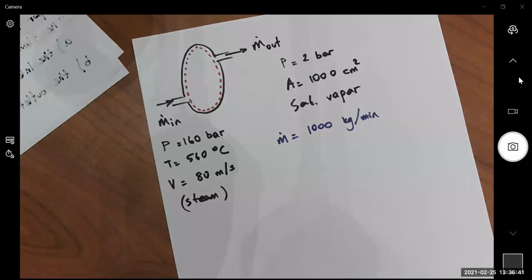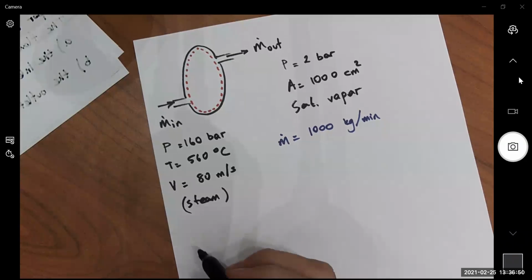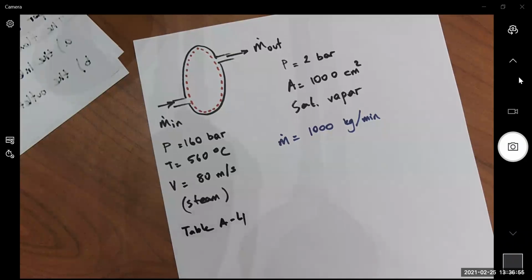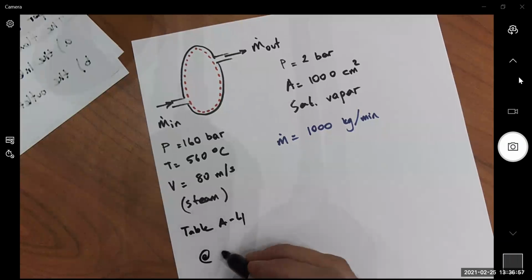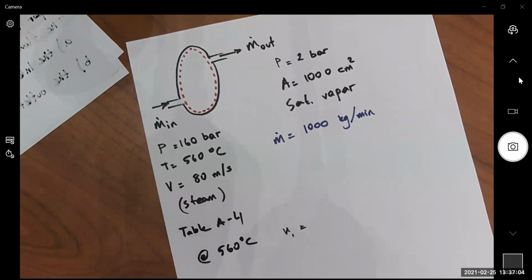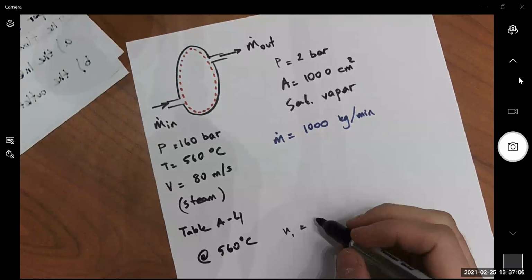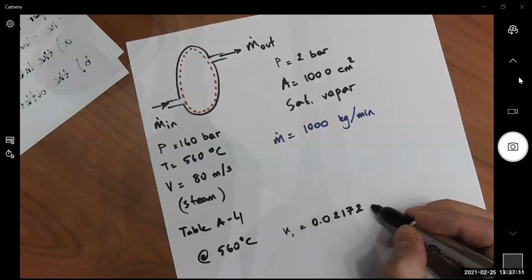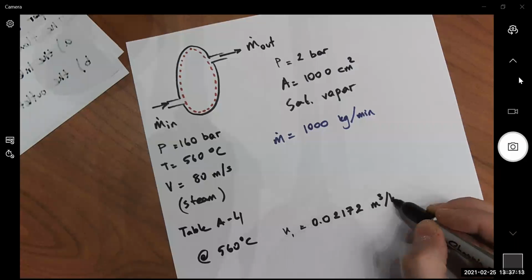If you don't have it, you need to interpolate. So what's the specific volume? It should be, in table A4, 0.02172 meter cubed per kilogram.